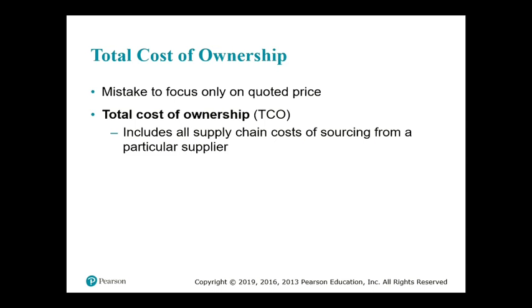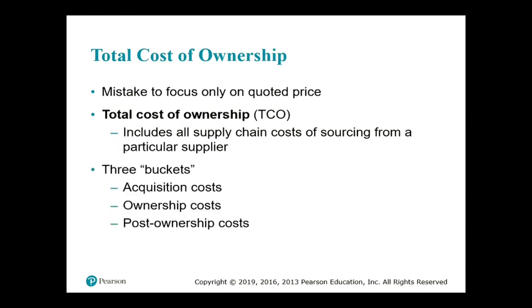There are also costs related to other functions of the supply chain. So there are 3 buckets of total cost of ownership: parts related to acquisition, parts related to ownership, and parts related to post-ownership.